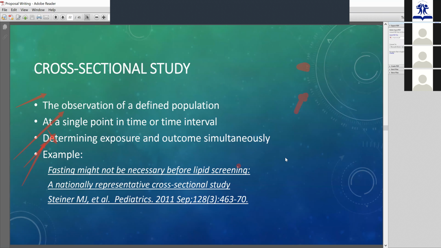I will gather the clinical manifestation and the laboratory evaluations, okay? I'm not grouping them. I'm not starting from the exposure. I'm not starting from the outcome to see what the exposure was. I'm gathering all the data in one sheet. The patients with appendicitis, I want to know what the clinical evaluation is, okay?